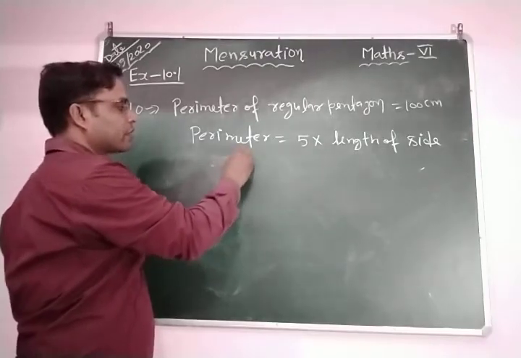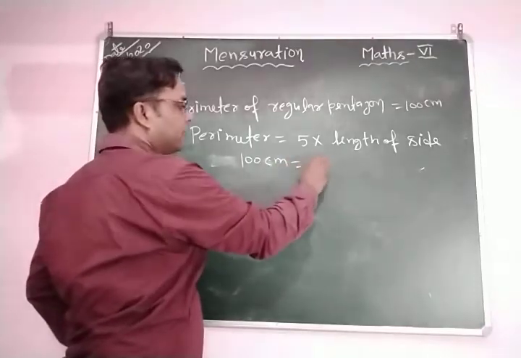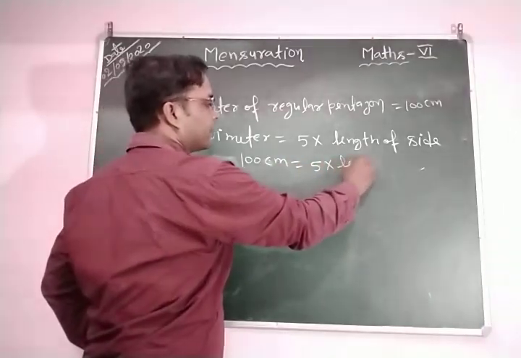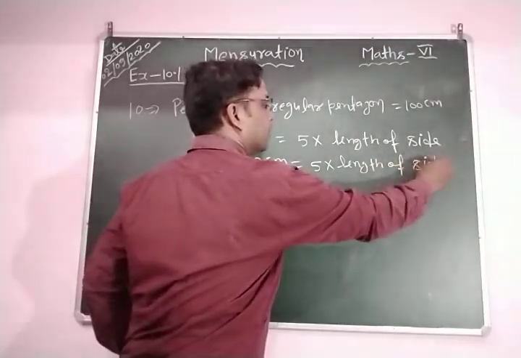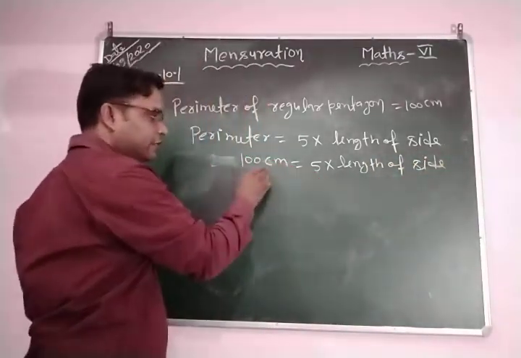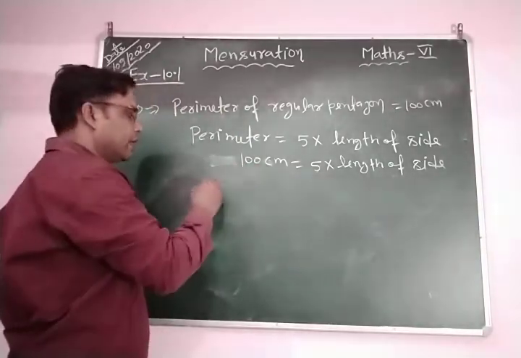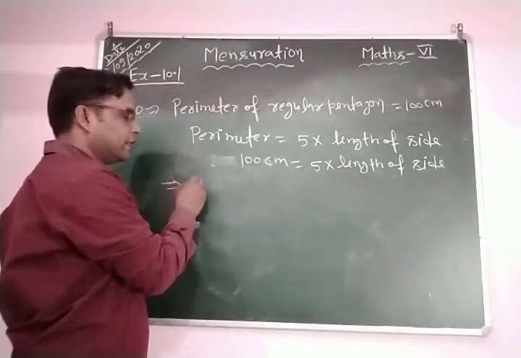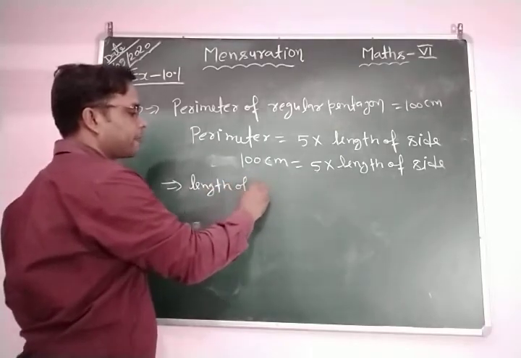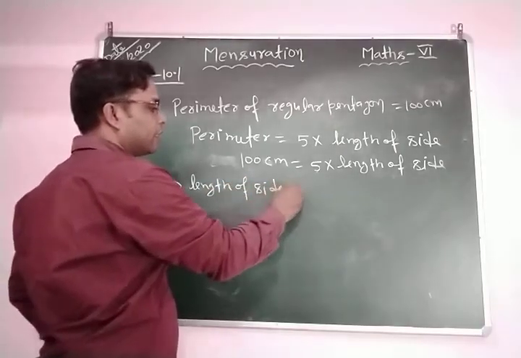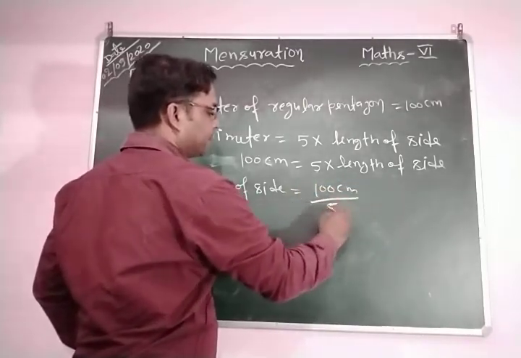Now, the perimeter is given here 100 centimeter. This is equal to 5 into length of side. Transfer this, and it becomes 100 by 5. So the length of side of the regular pentagon is equal to 100 centimeter by 5.